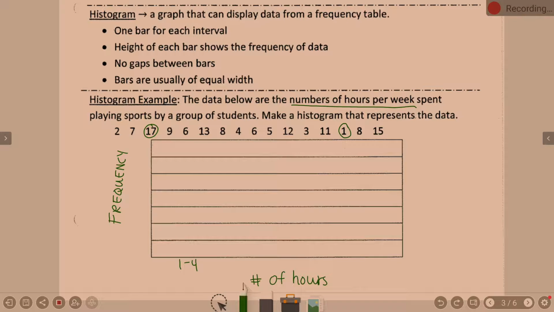Our second bar is going to be 5 through 8. And then 9 through 12. And normally our last one would be 13 through 16, but in this case I'm going to say 13 through 17.